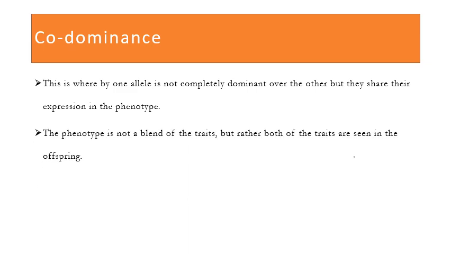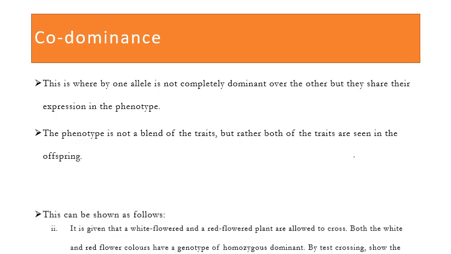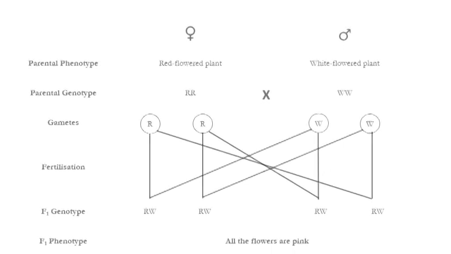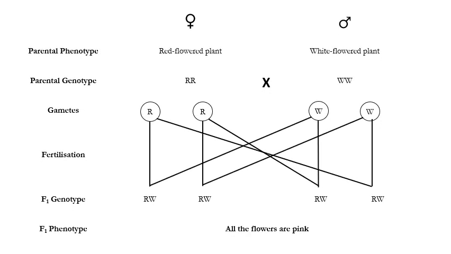We call this codominance. That is when we see things like a white flower crossing with a red flower to produce a different type of flower that is blending the characteristics of the gene for white flower and red flower that can become pink. This is a genetic cross that can resemble what we are talking about.